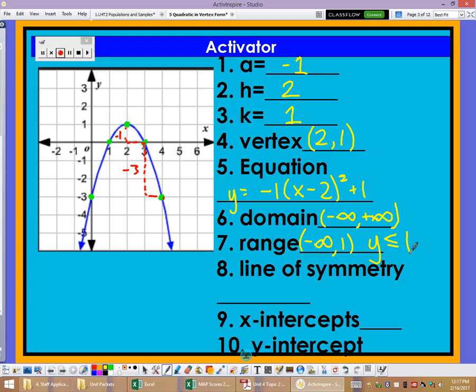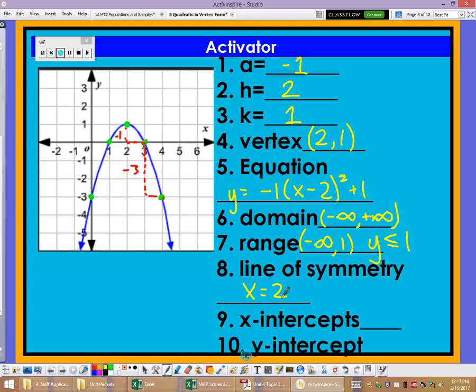Stephen, what's my line of symmetry? x equals 2. Where do people lose points on that, everybody? They forget the x equals. All right. Alex C, what are my x-intercepts?